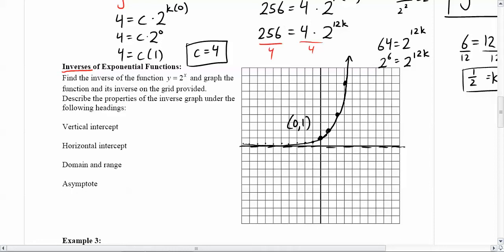So the inverse is going to go through the point 1, 0. And do the same with the other points. Remember, to graph the inverse, you can change the x and the y. I'll give you a minute to graph the inverse function and see if you can identify the intercepts, domain, range, and asymptote.